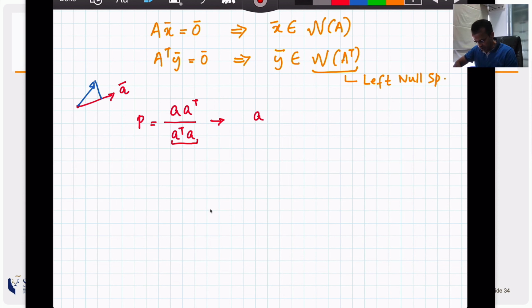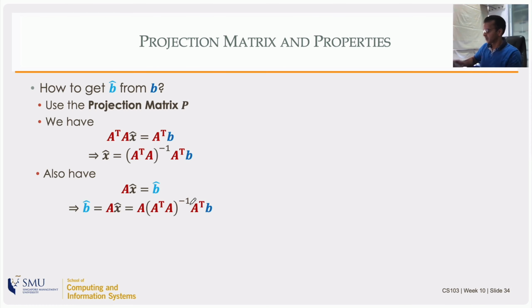We can split it and write that as A transpose A inverse, which for a number means the reciprocal, times A transpose. Just that there I have a vector and here I have a matrix. A vector, of course, is a matrix of one column. Here you have multiple columns.